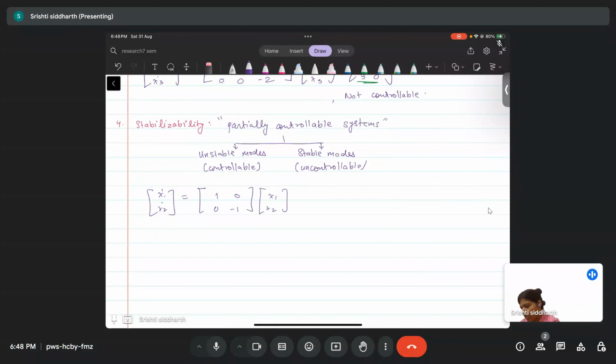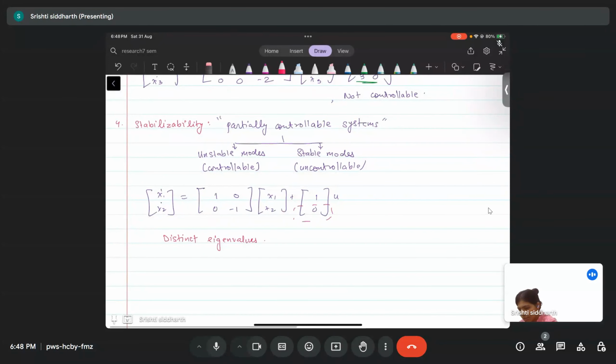So x1, x2 plus 1, 0. So these are distinct eigenvalues. So you just need to check if there is a 0 here. So there is a 0 here. So it is uncontrollable or not state controllable.